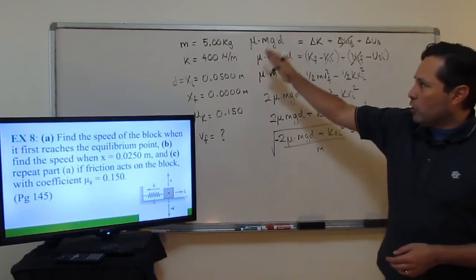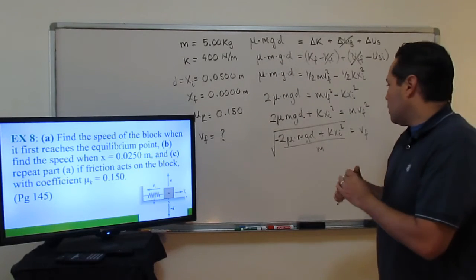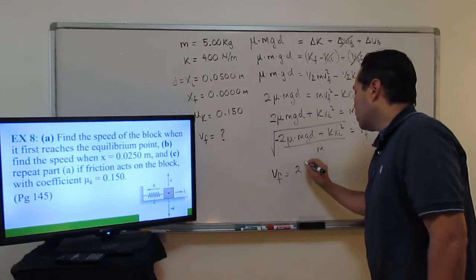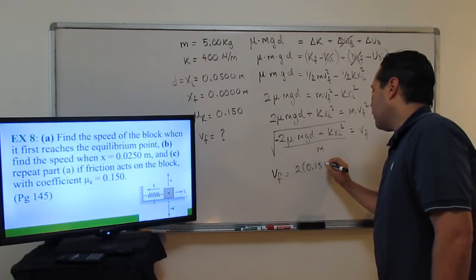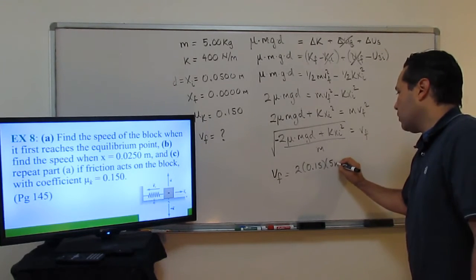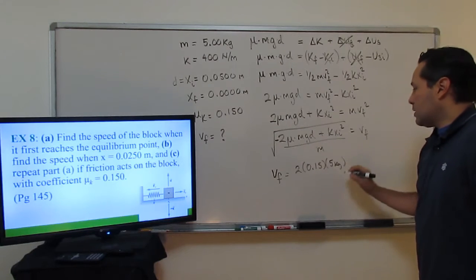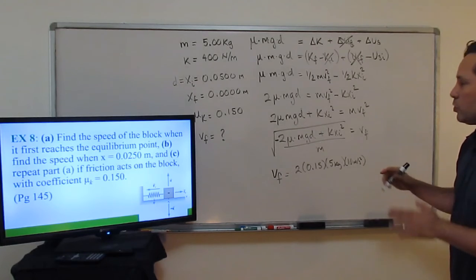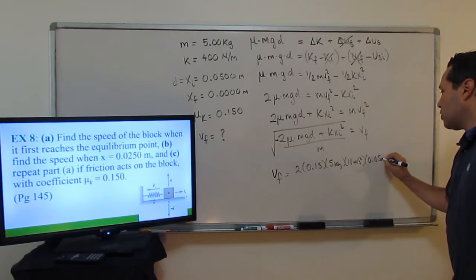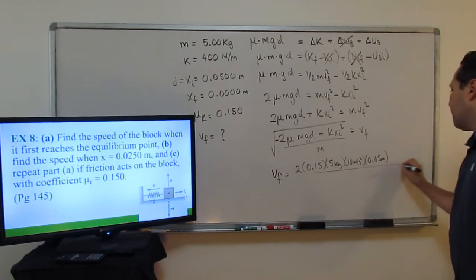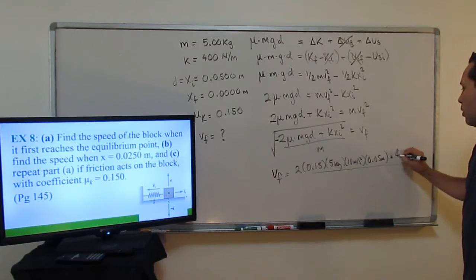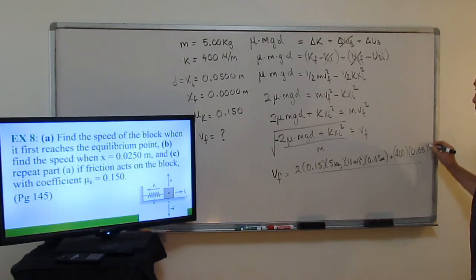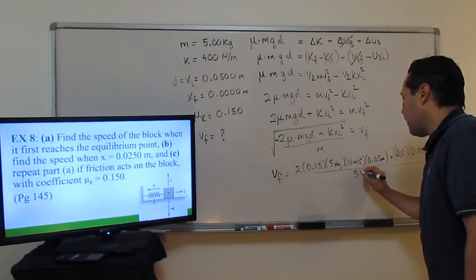Now we got everything there. We can go ahead and plug in all the numbers that we got and come up with the answer. So let's do that. Velocity final is equal to the square root of 2 times the constant 0.15 times mass, which is 5 kilograms, times gravity, times the distance it was stretched, 0.05 meters, plus the constant, which is 400, multiplied times the compression initial, 0.05 squared, and all of it divided by the mass, which is 5 kilograms.